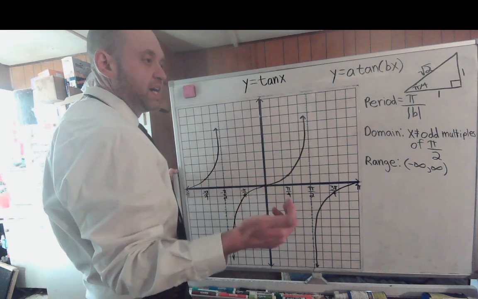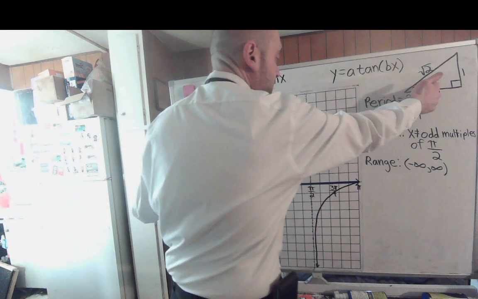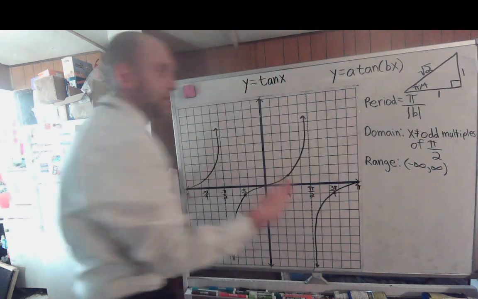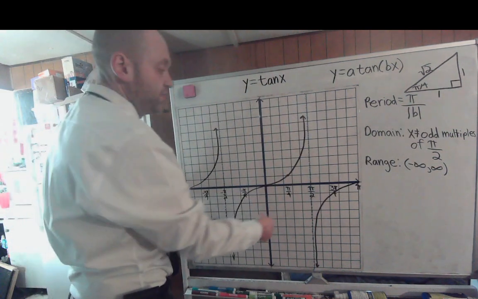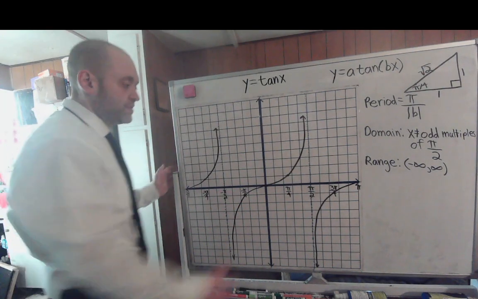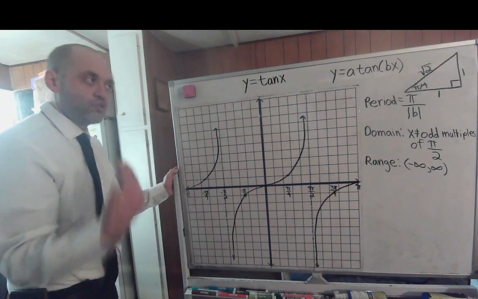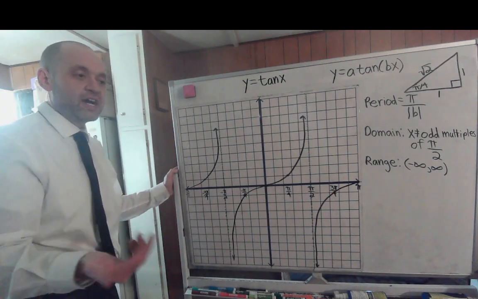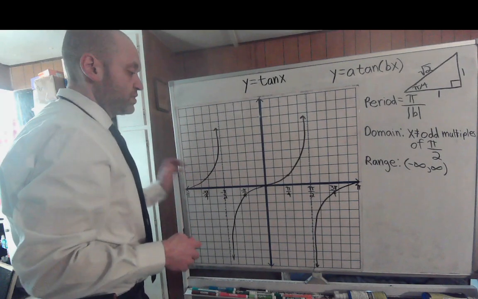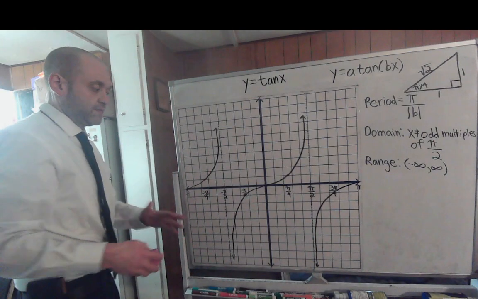We know 45 degrees in radians is pi over 4. The tangent of pi over 4, opposite over adjacent, that's 1. And then if you did negative pi over 4, you would get negative 1. And then that's how we generate these values to graph. Set yourself up a 45, 45, 90 triangle if you need to. So that's what the graph of the tangent function looks like.